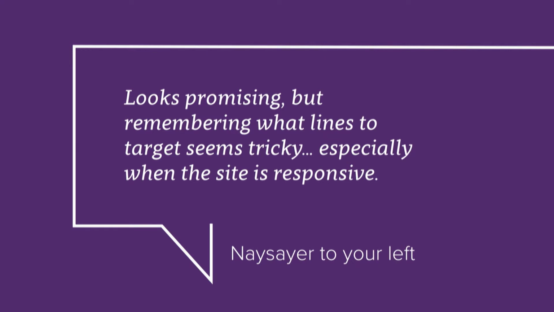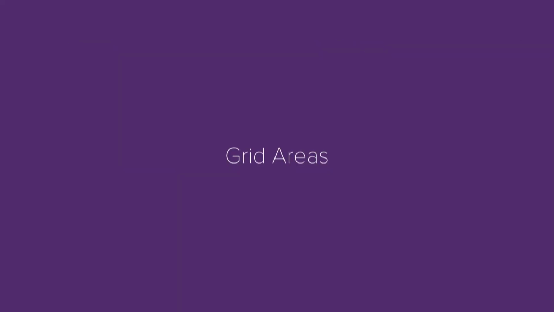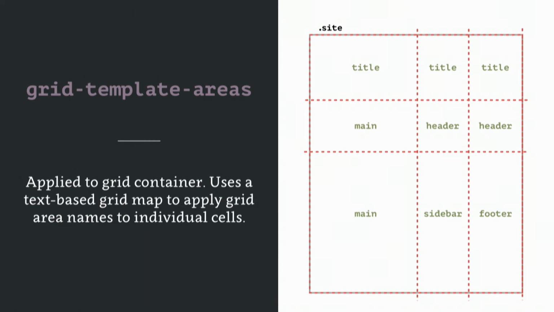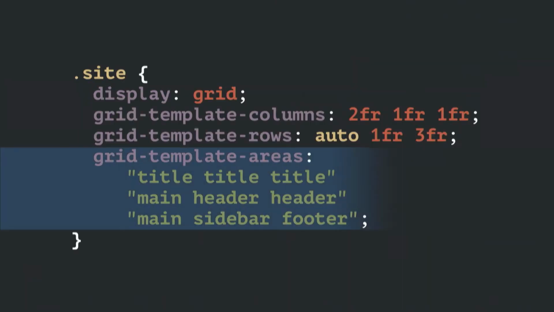That looks promising, but remembering all those lines can be really tricky, especially if you have responsive layouts where you change the grid constantly. So to solve that, we have something called grid areas. And grid areas is totally new and totally different. It uses this thing called grid template areas and allows you to define, almost in an ASCII painting, the layout of the grid.